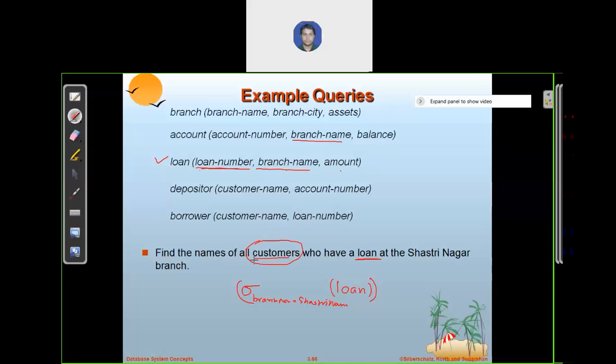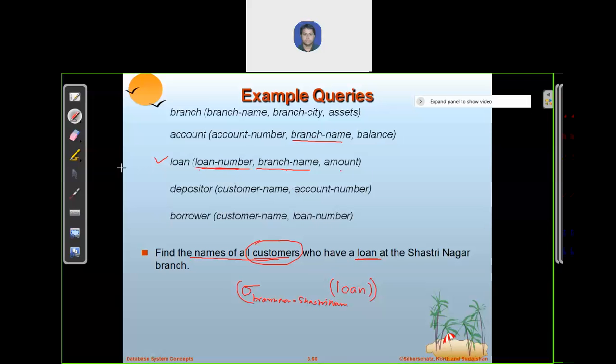Find the name of all customers. How will we find the name of that loan number? In that record we have a loan number attribute, but using this loan number, how can we find the customer name?